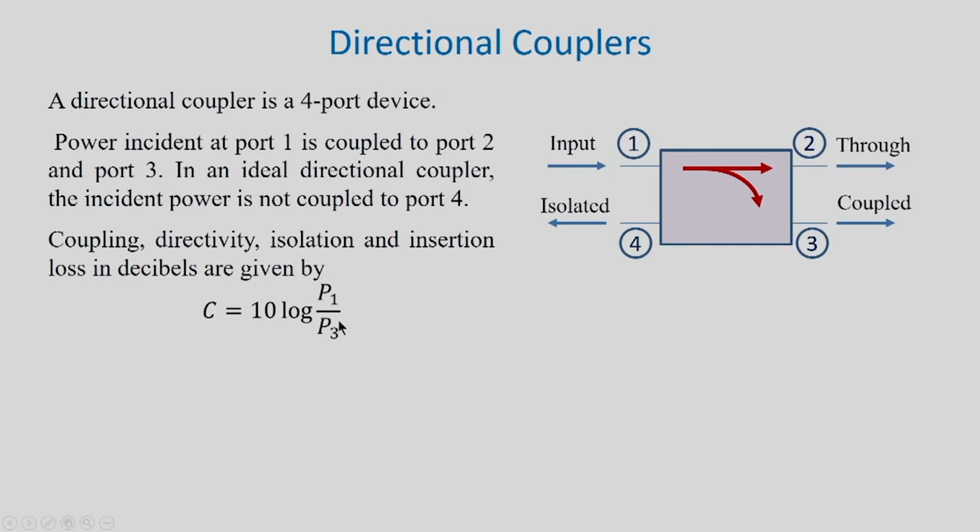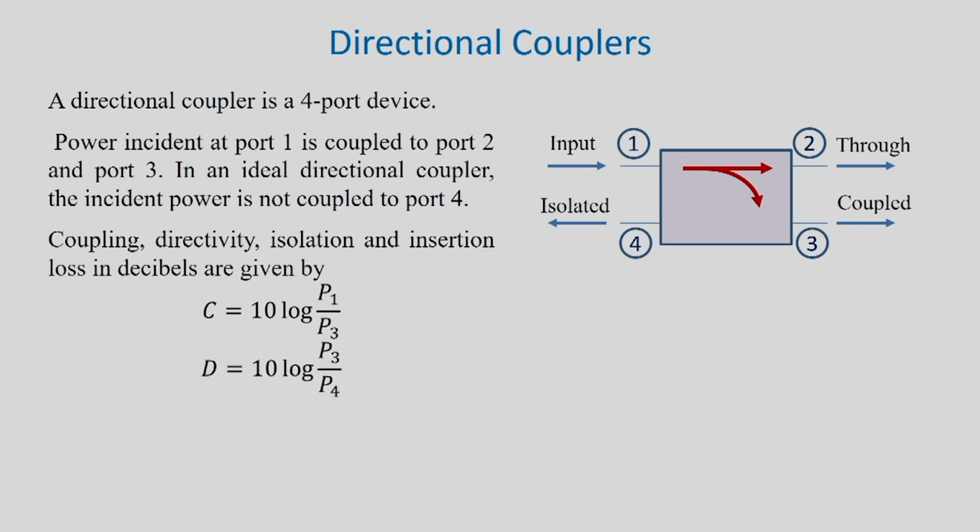We can write coupling C is equal to 10 log base 10 P1 by P3. That means, we take the ratio of the input power and coupled power in port 3, and when it is expressed in dB, we get C is equal to 10 log P1 by P3.